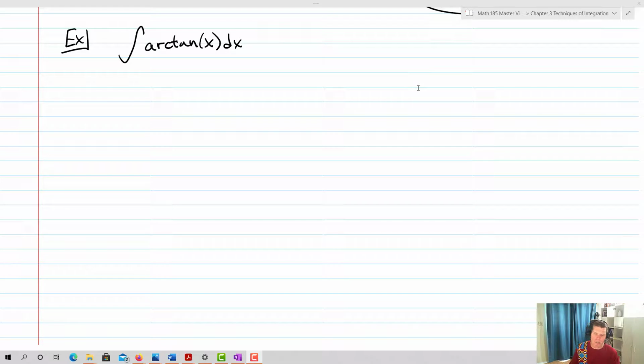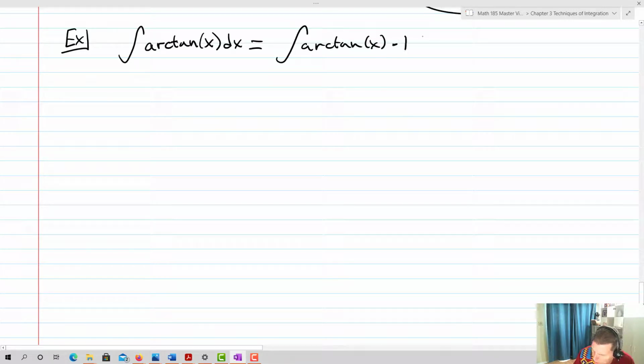One of the tricks we're going to do is to note that this is actually equal to the integral of arctan of x times 1 dx. The second part is that I do know the derivative of arctan x: d/dx of arctan of x is equal to 1 over 1 plus x squared.